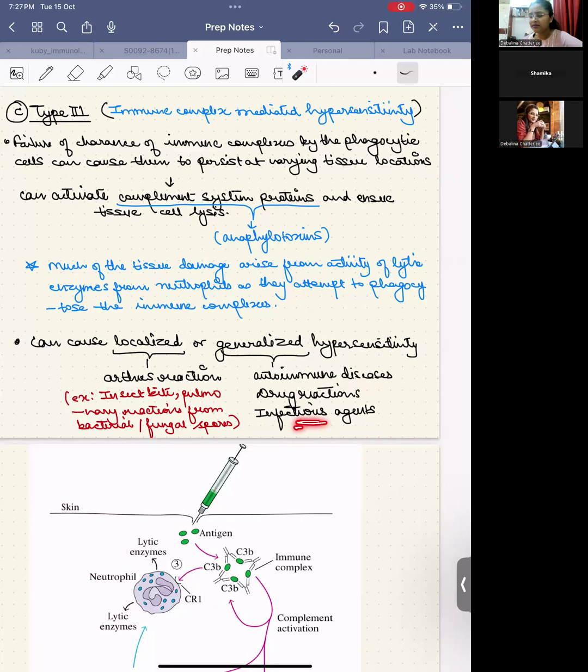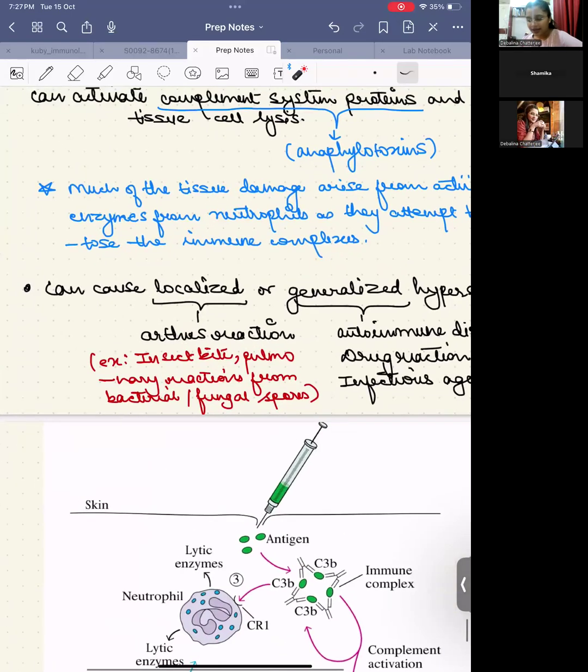Or if we have certain infectious agents, say some microbe-associated antigens or some other pathogen or fungi-associated antigens, if they are persistent, we will have a lot of antibody bound to them. And if this does not get cleared, then it can mediate a generalized hypersensitivity.